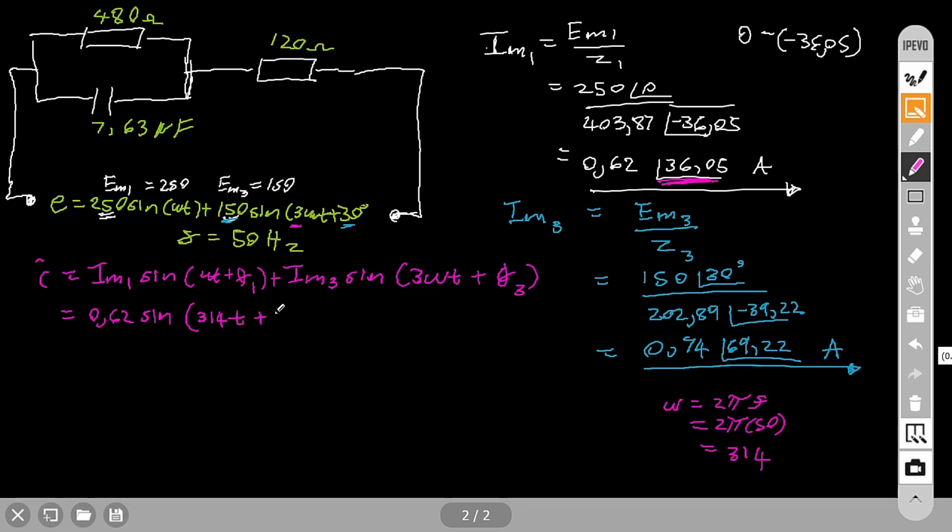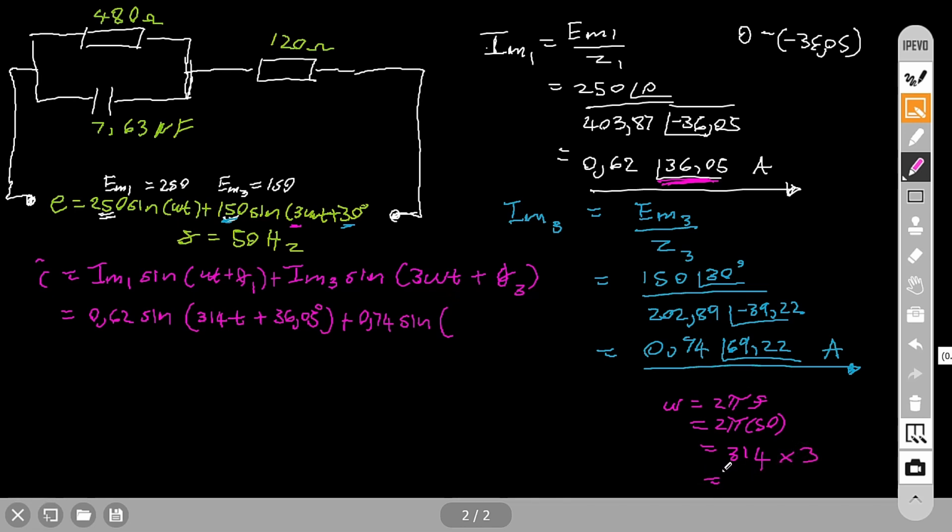So it's 36.05 degrees plus, what is your I3? 0.74 sine. So now here you have 3 times omega, so you just multiply this by 3.